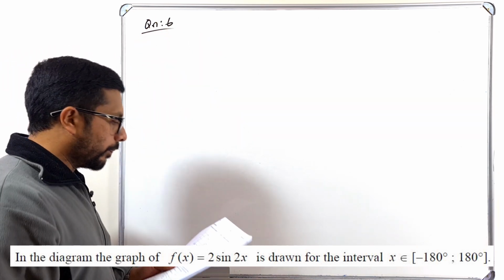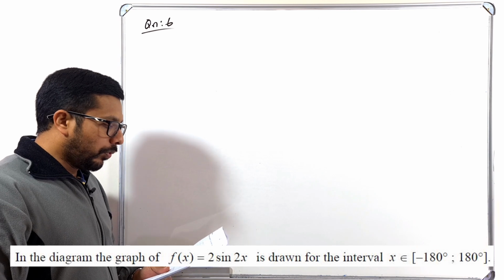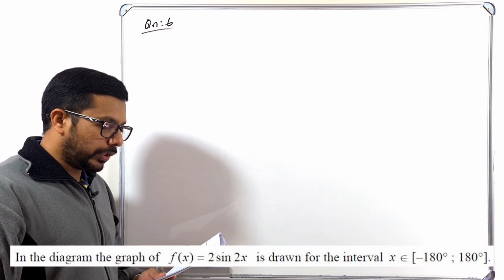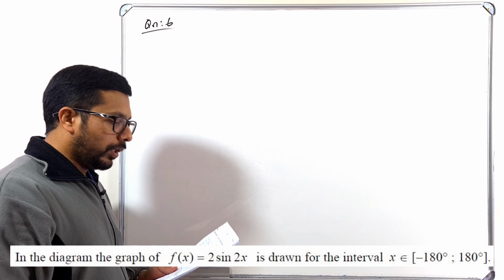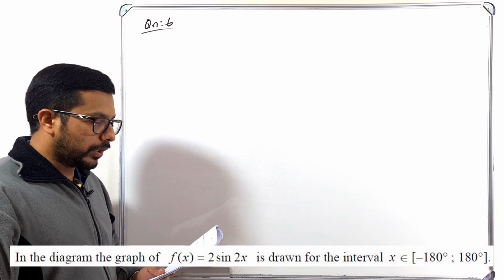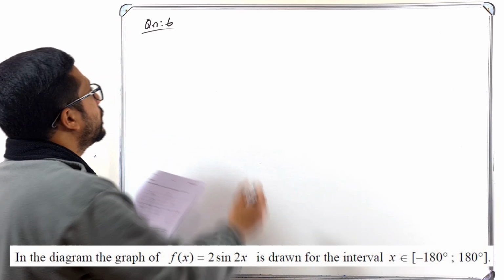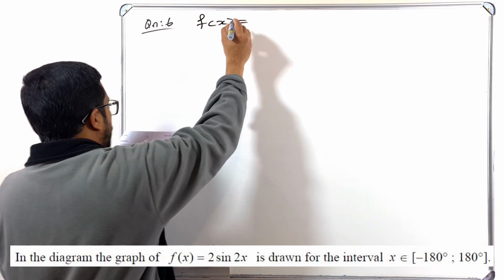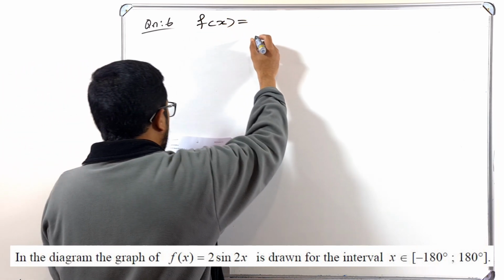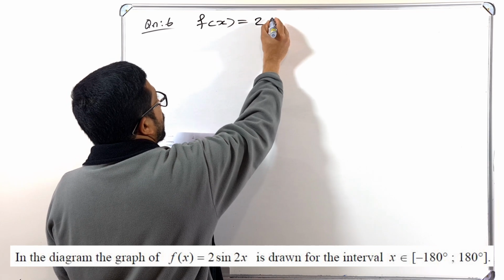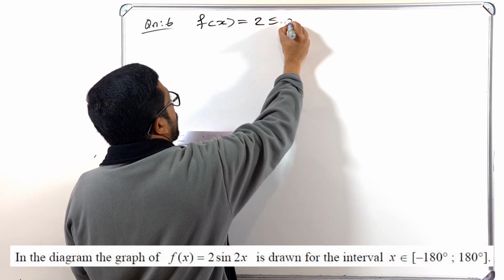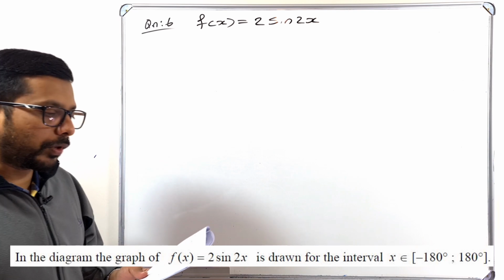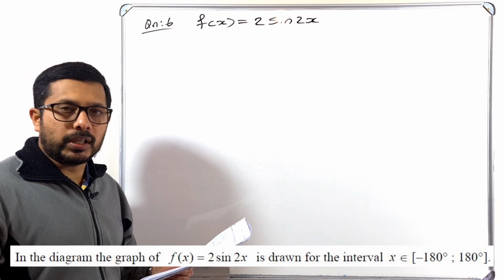What is that question? In the diagram, the graph of f of x is equal to 2 sine 2x is drawn for the interval x is an element of minus 180 to 180. So there is a graph given there, that is the graph of f of x, and the equation of the graph of f of x is also given, 2 sine 2x from minus 180 to 180.